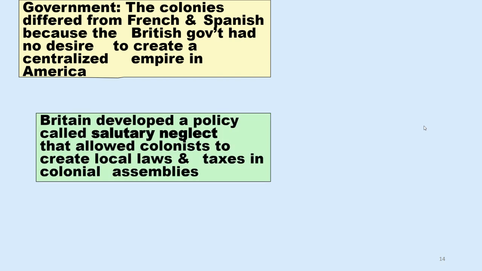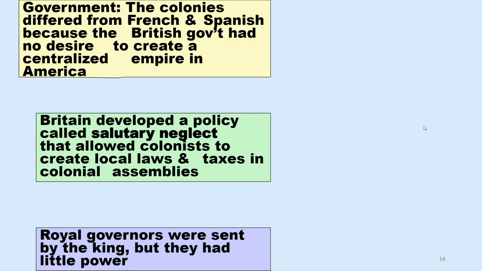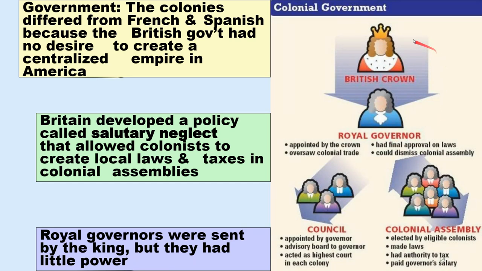When the British come, they set up a system called salutary neglect, and they will let local people set up laws to help establish the colonies. Now, the king will send over royal governors, okay? So the British crown is in charge, and then they put the royal governors that are sent over here to be in charge. But sometimes these colonial assemblies and local councils are set up.